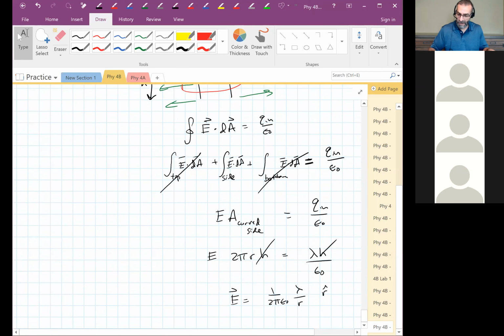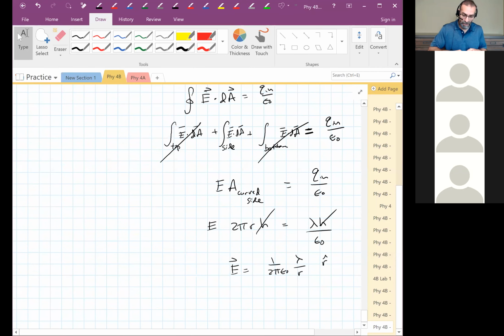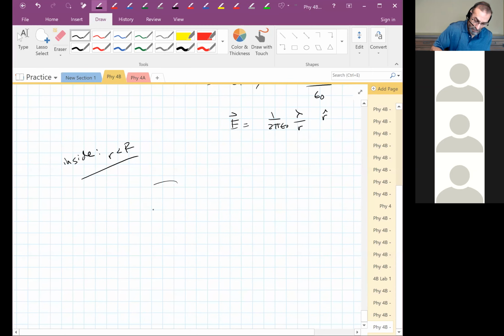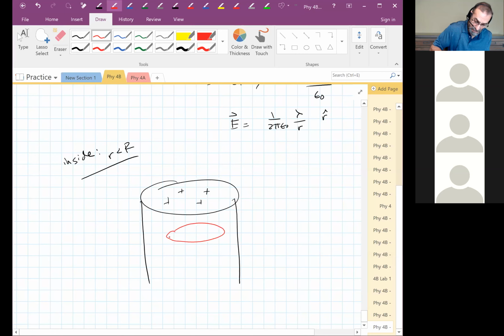Okay. Now, I know we're out of time, but I'll go ahead and finish this. So that's our answer if we're outside, right? If we're inside, then we've got this charge here, right? We're going to come up with a Gaussian surface that's inside this thing.